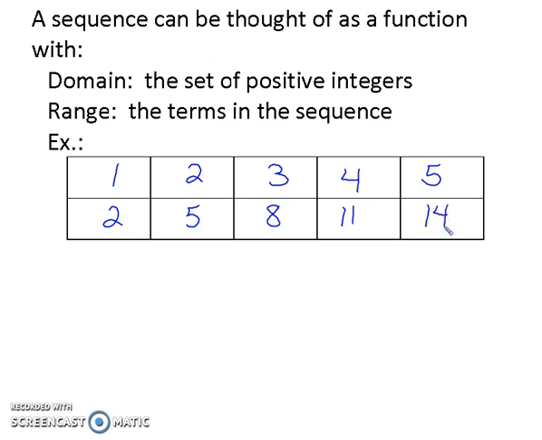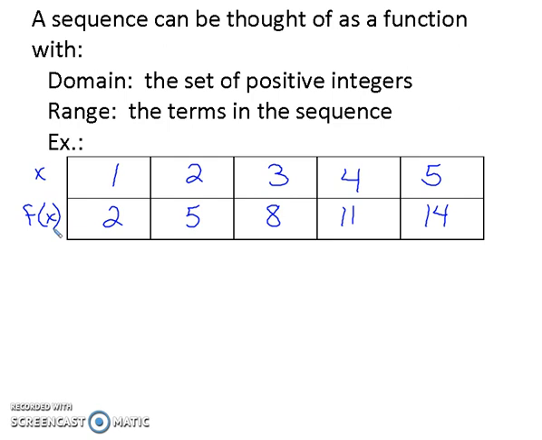Now, in previous math classes, and I'm talking like way, way previous, like middle school math classes, you would get a table like this, and the teacher would ask you to come up with a formula or an equation to model this data. We can see that the pattern is to add 3 to each of those terms, but now if I want it to be in terms of a function where this is my x and this is my f of x, it requires a little bit more thought because you're trying to figure out, well, if x is 1, what could I do to it mathematically to turn it into a 2?